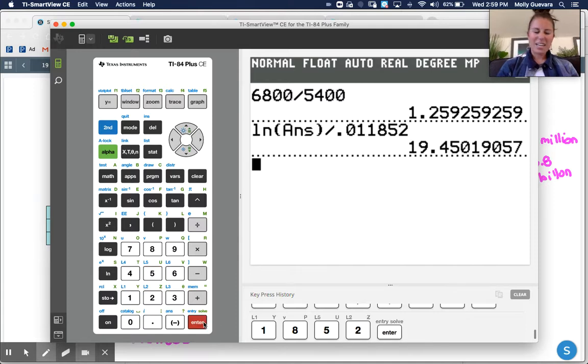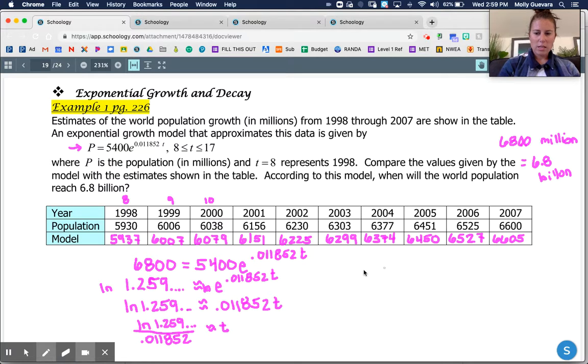And I get 19.450. So t is approximately 19.45 years. Don't forget units.